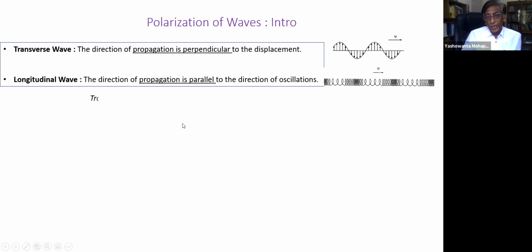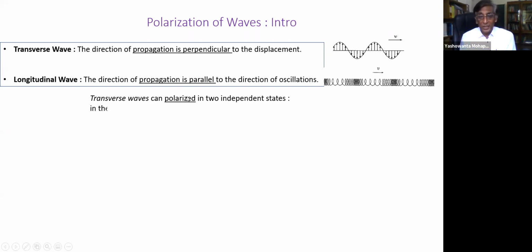In a transverse wave, we can have polarization. This polarization has nothing to do with the polarization that you did in dielectrics. This is the orientation of the oscillations with respect to the propagation direction.